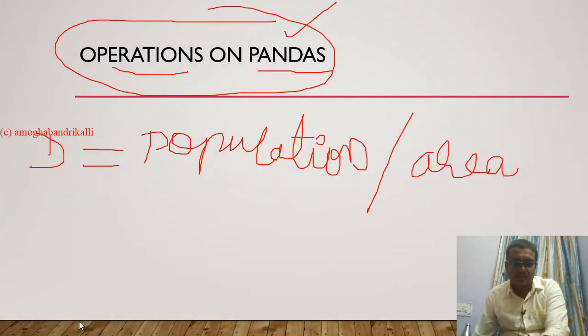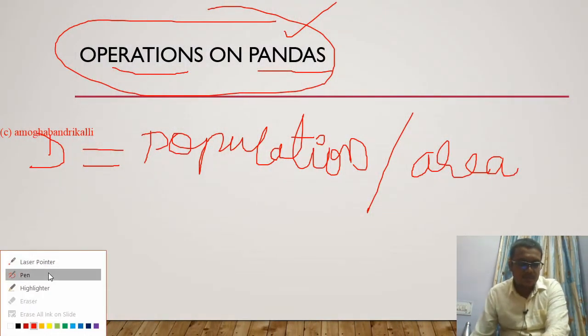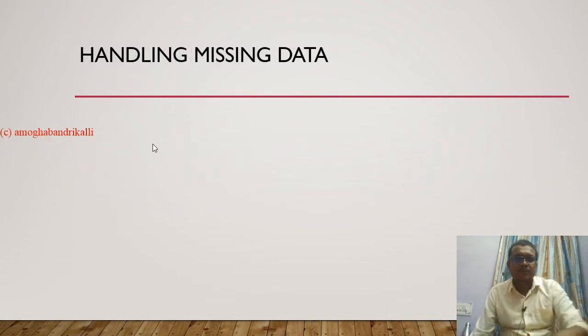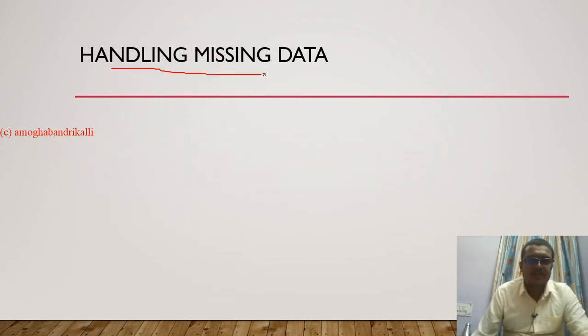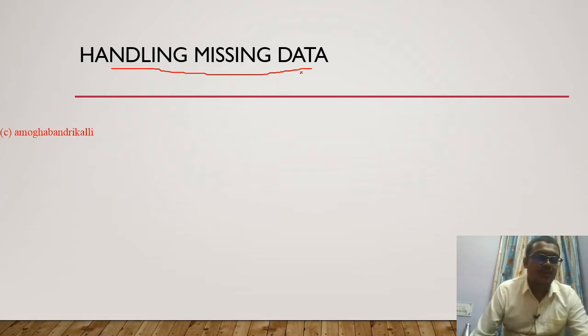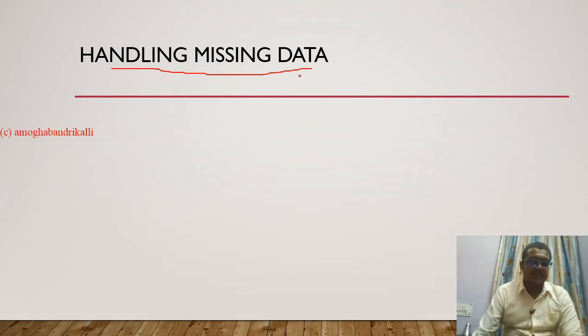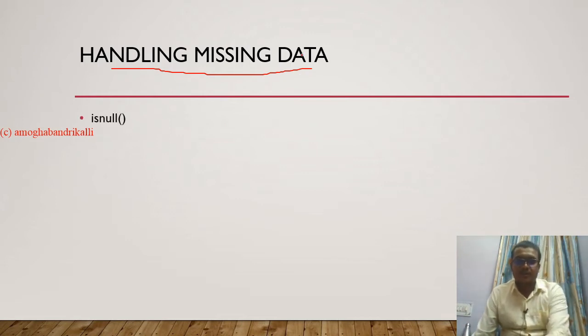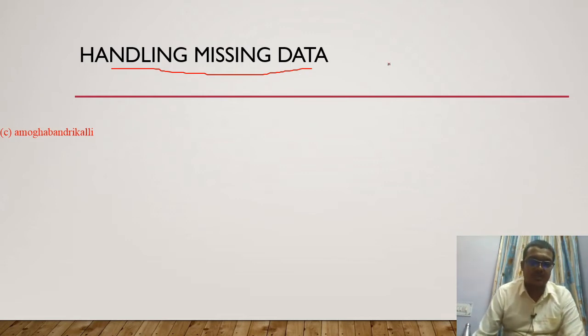So next, let me take a pen. Okay, the next important thing is handling the missing data. Handling the missing data is another important function, and here we are going to see some of the functions. Before that, we are going to have some missing data.